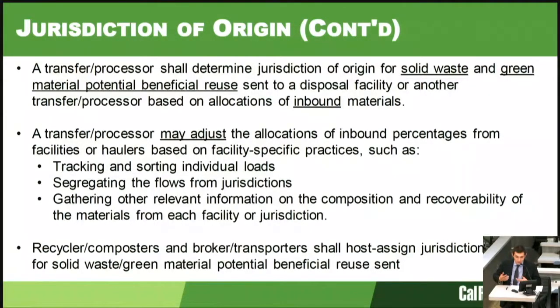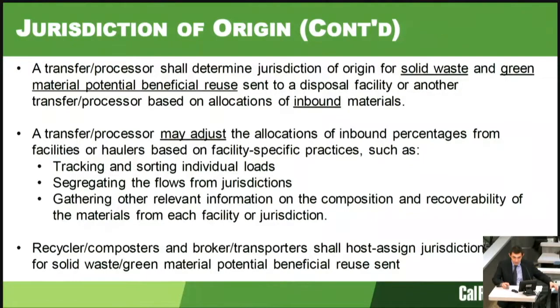So if you have more granular information that touches on the process or recoverability, like we were able to pull out more from this jurisdiction and less from that jurisdiction, you can account for that. And you can also say, for this jurisdiction, we sent 0 to this landfill because they're precluded from disposing that material in landfill.